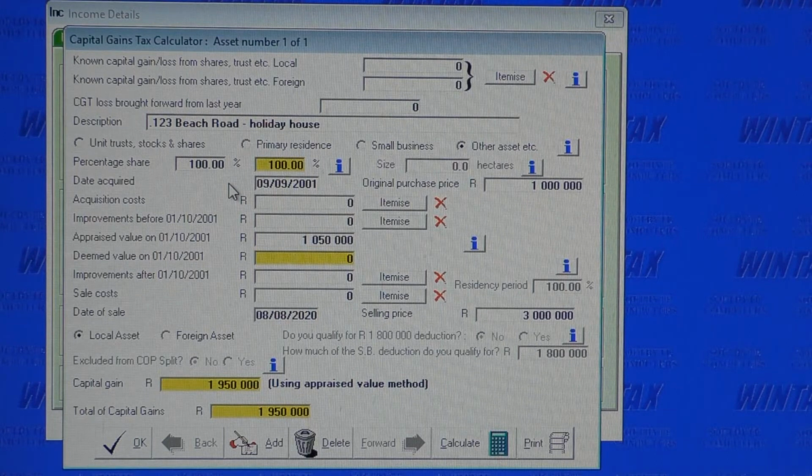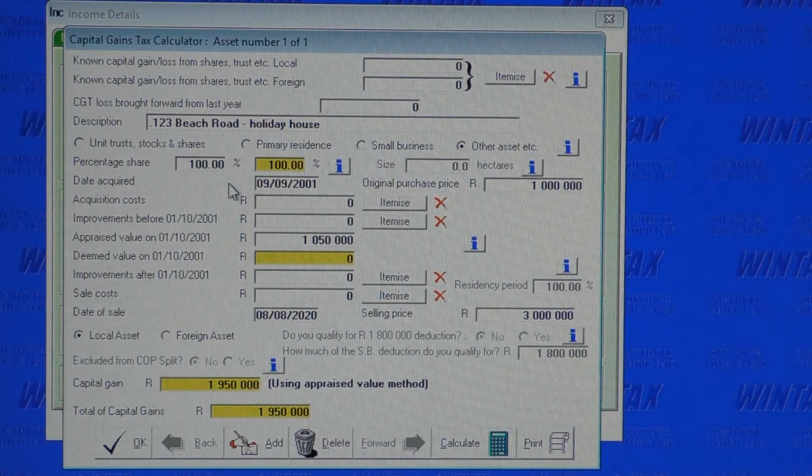Fortunately, we had the asset valued at the time, and the valuation was 1,050,000 rand on 1st of October 2001. This valuation becomes our base cost, and the profit will be 3 million less the 1,050,000 base cost, which is 1,950,000 rand profit.